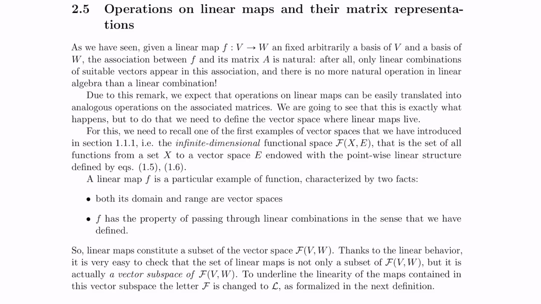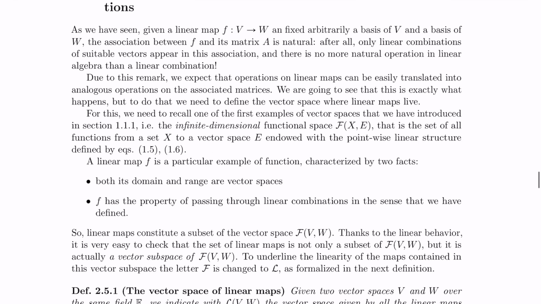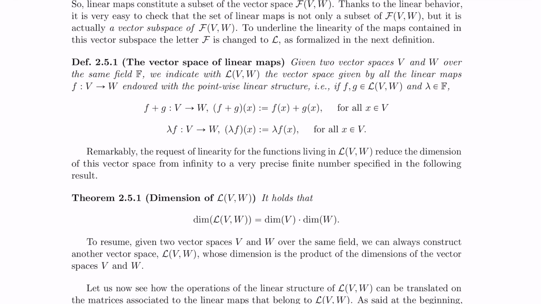We are now going to formalize this introduction with the definition of the vector space of linear maps. Given two vector spaces V and W over the same field F, this is important, we indicate with the symbol L of V and W the vector space of all linear maps between V and W endowed with a pointwise linear structure.